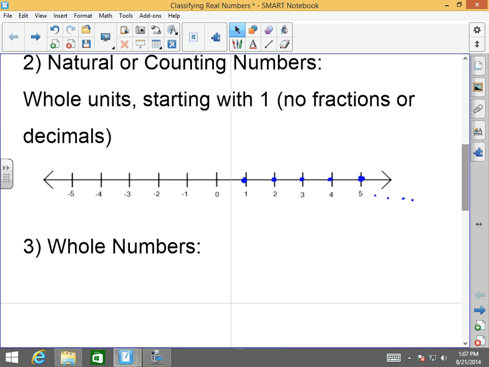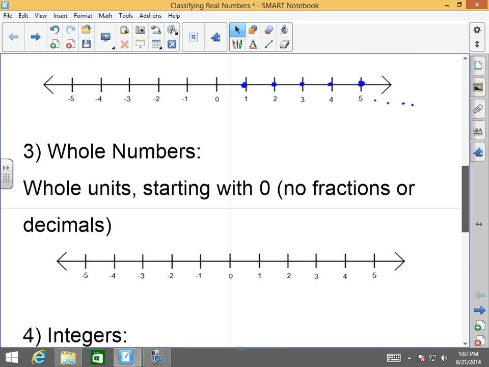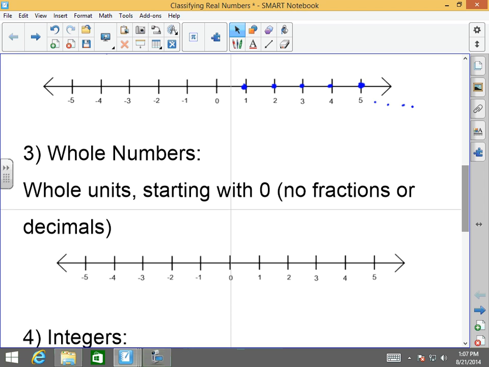Whole numbers. Whole numbers are, again, whole units starting with and including 0. There are no fractions and no decimals in whole numbers either. Whole numbers are whole units starting with 0.